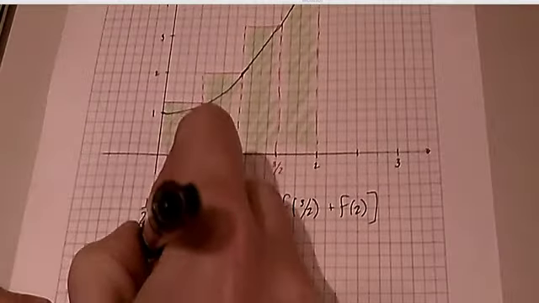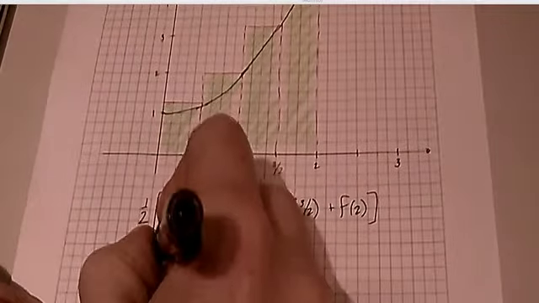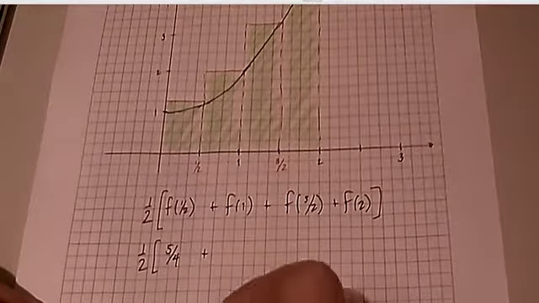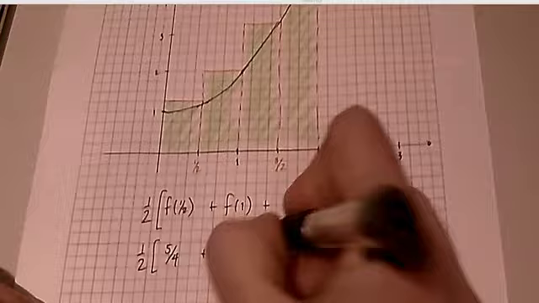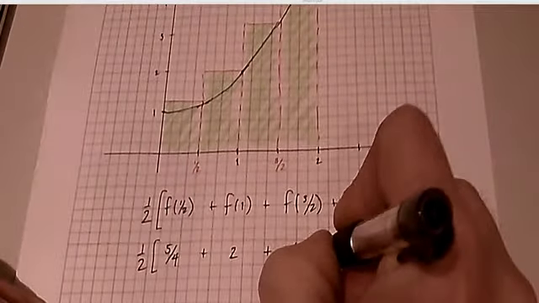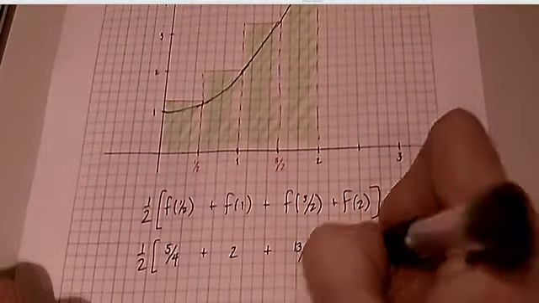We have 1/2, and we know that 1/2 squared plus 1 is going to be 5/4. We've already figured that out last time, right? 1 squared plus 1 is 2. 3/2 squared plus 1 is going to be 13/4. And 2 squared plus 1 is going to be 5.